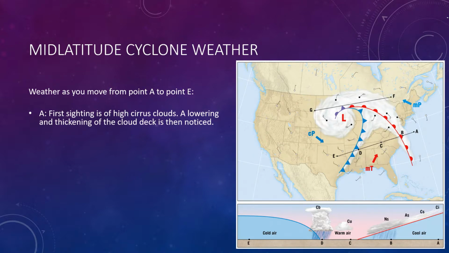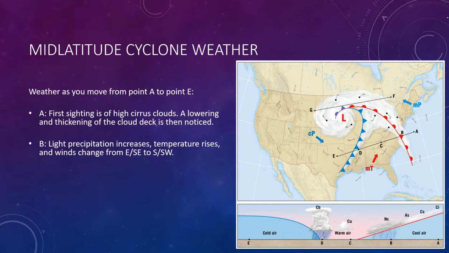At point A, the sighting of high cirrus clouds would be the first sign of an approaching cyclone. These high clouds can precede the surface front by 600 miles or more, and they are generally accompanied by falling pressure. As the warm front advances, a lowering and thickening of the cloud deck is noticed.